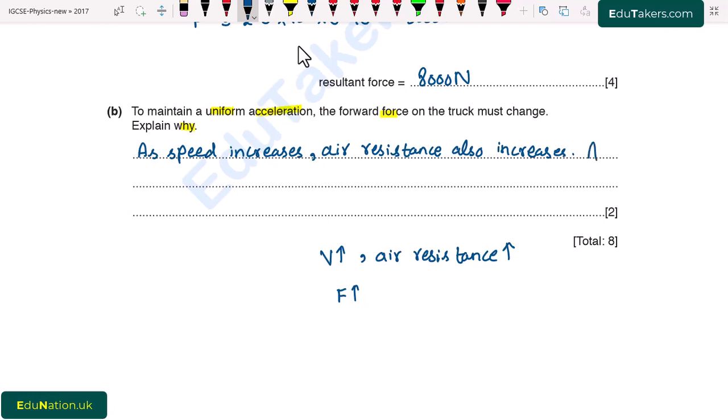As air resistance increases, the truck slows down.